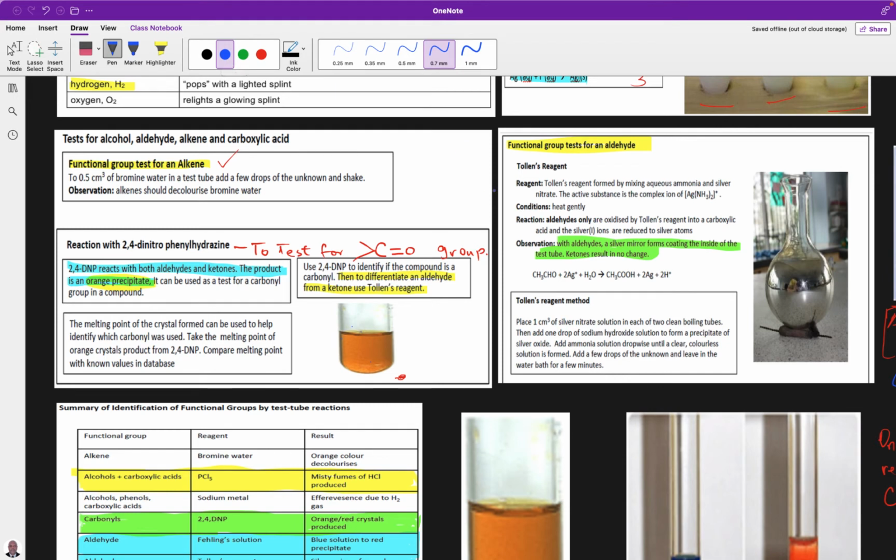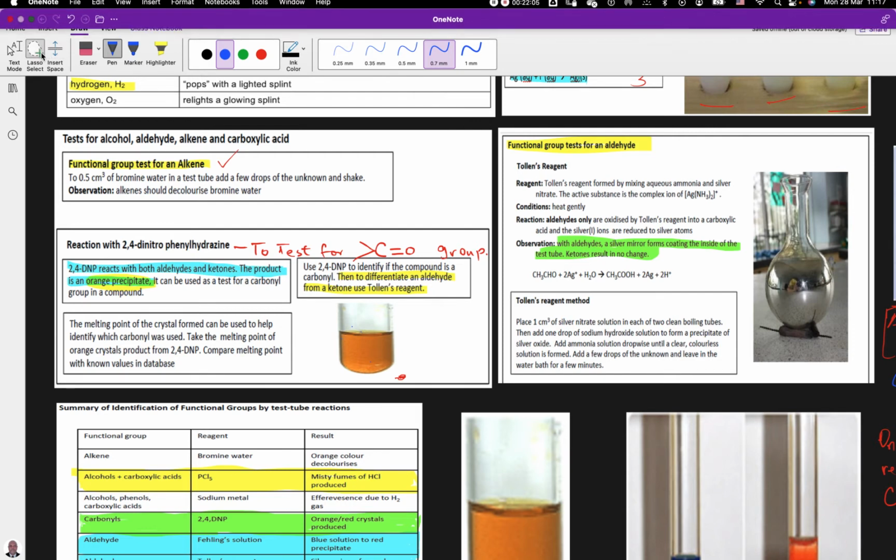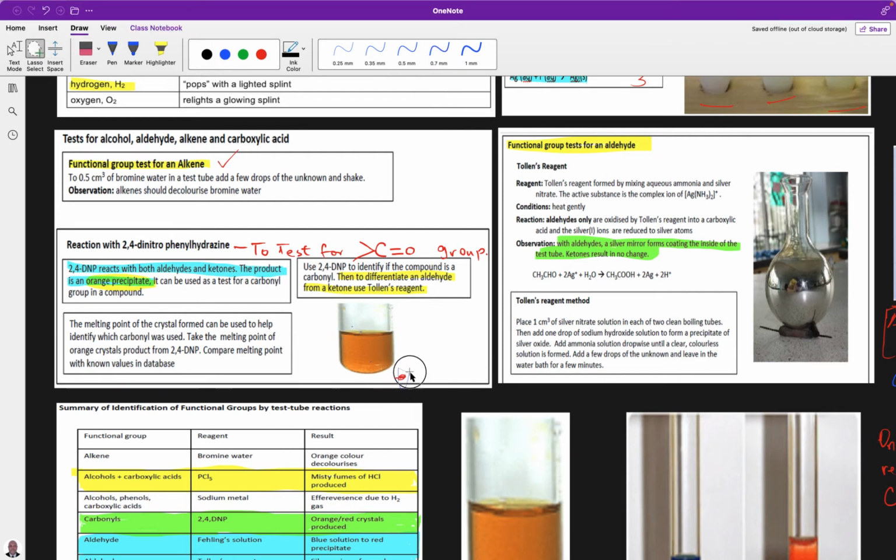So now, if you see this color, automatically there is a carbonyl group present. Since we are limited to aldehydes, carboxylic acids, and ketones, once you have an orange precipitate, it could be a carboxylic acid, an aldehyde, or a ketone.